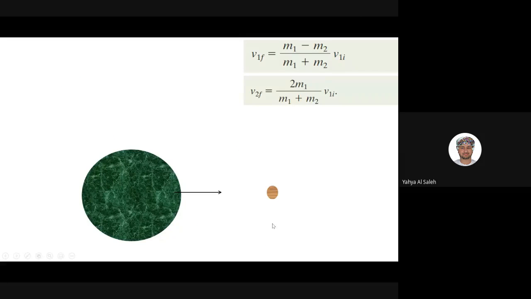Okay. What about the opposite? Say, for example, I have a huge ball coming in to hit the tiny, tiny ball. So my M1 is way more than M2. What will I end up with now?